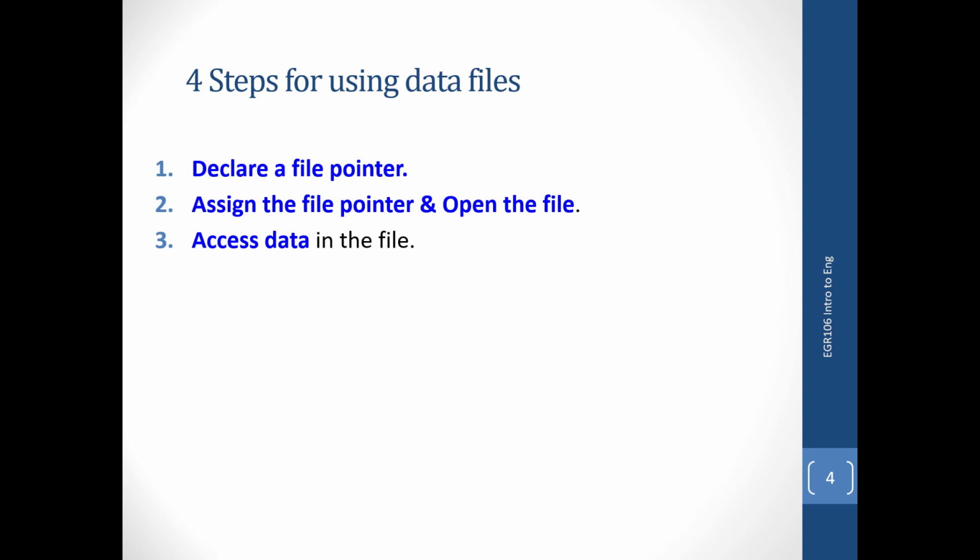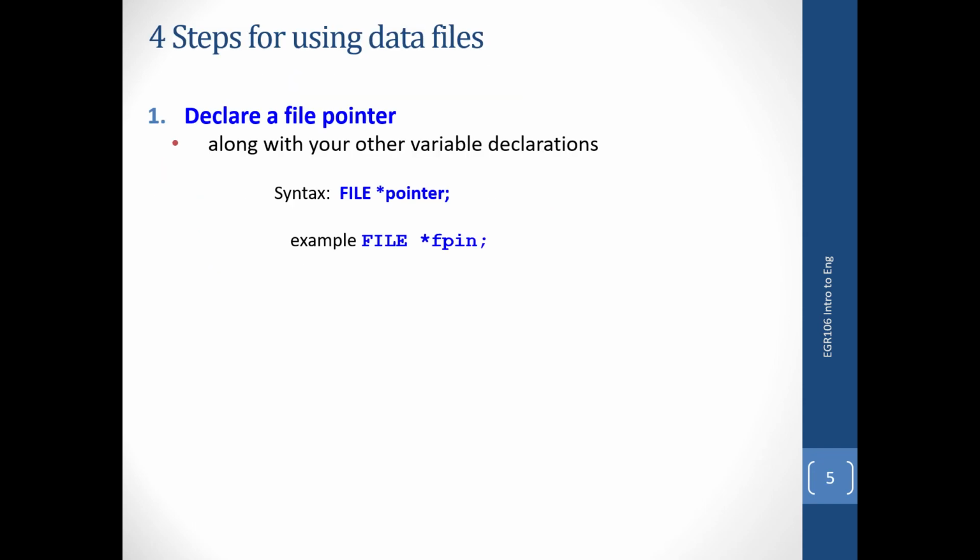We need to access the data, so whatever we're going to do, usually we're scanning it into our program to do a calculation or read in our data or something. And the last step, and the one that everyone forgets all the time, is that you have to close the file, and you do this using the file pointer. It's also very simple, just one line, but you can't forget to do it. It could corrupt your program if you do.